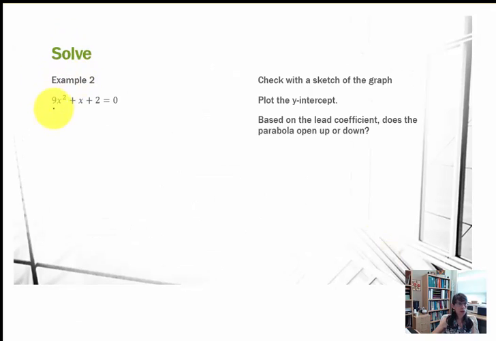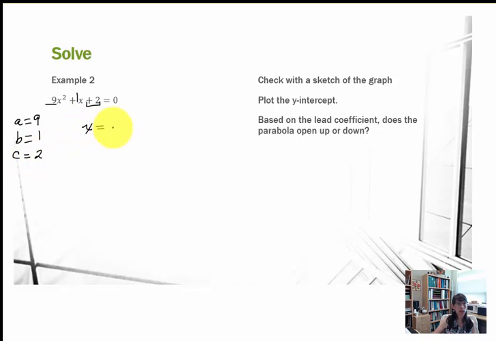In our second example, we have 9x squared plus x plus 2 equals 0. That's in the proper order and equal to 0. So the value of a is 9. B, that plus x means plus 1x, so b is worth 1. And c must be positive 2.